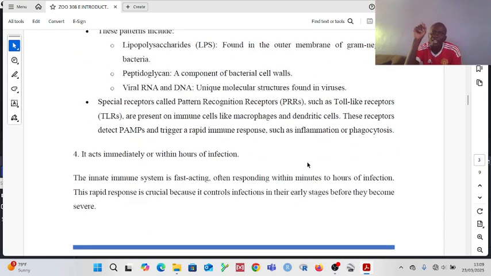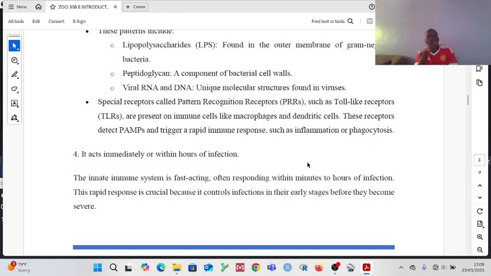Then the other characteristic is that it acts immediately or within hours of infection. It is fast. Okay, so the innate immune system is fast acting. It often responds either within minutes or just 2 hours after an infection. So it is crucial that this response be rapid so that we can control infections at their very early stages.